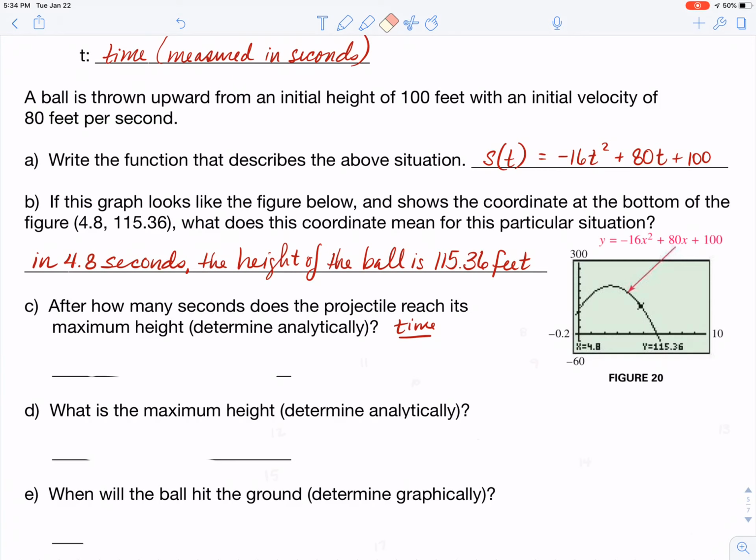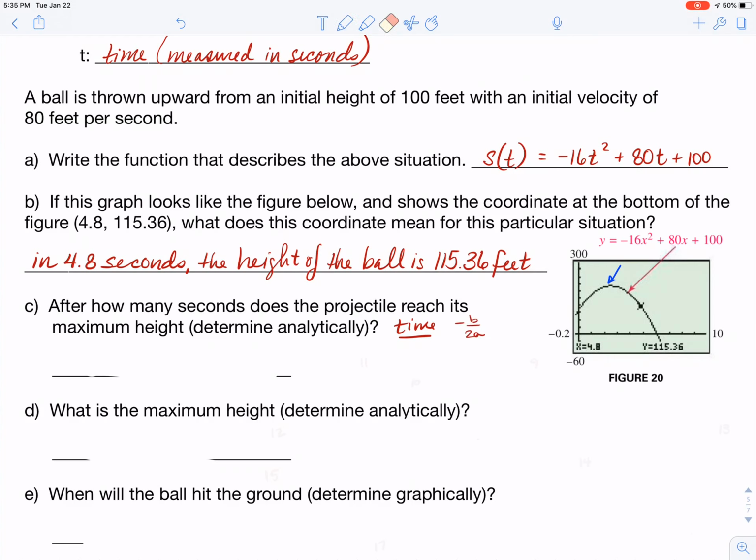I'm doing some math and I'm showing my work on paper to find this. So look at what you have here. The maximum height, we know that this is another word for vertex. And now that we've done some studying on how to find the vertex by using a shortcut, we can use that shortcut that we talked about in a previous video.